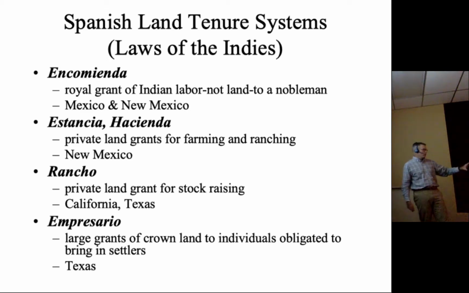We probably could say slaves, but in a sense they were allowed to have their own farms, their own ways of raising food and that sort of thing. But they were obligated to the Spanish.